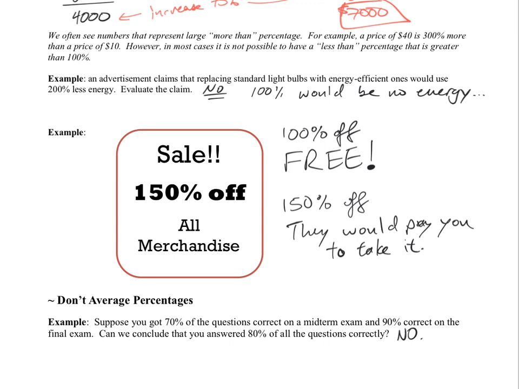So an example would be if there were 10 questions on the midterm, then you would have gotten 7 questions right to get a 70%. If there were 100 questions on the final, you would have had to get 90 correct in order to get a 90%.